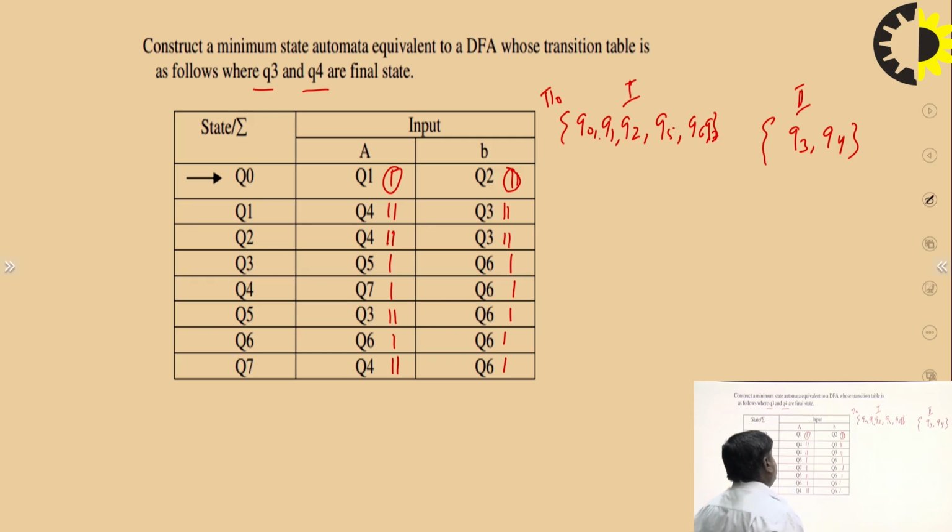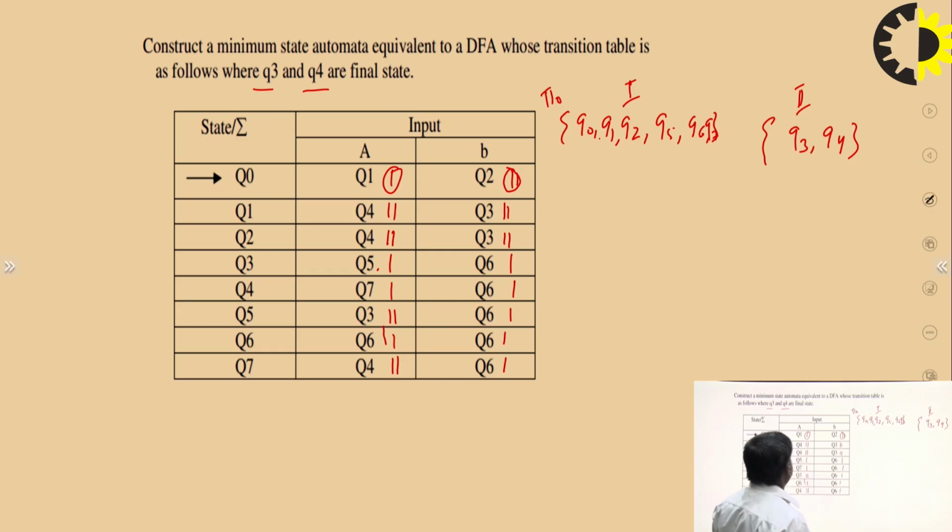To check which number of states have similar behavior: now 1 and 2. Is there any state with 1 and 2?